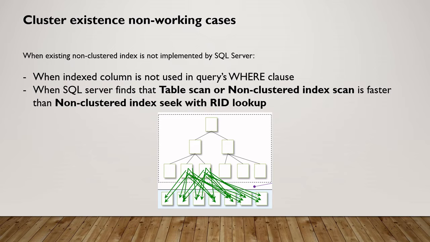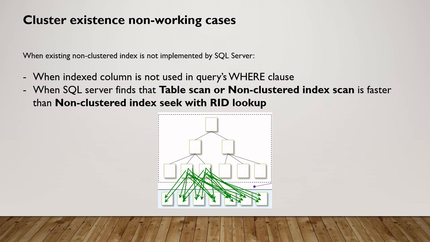Instead of going through all of the steps in the index nodes, with table scan SQL Server can easily scan all of the data in the table and just give you the result. It might be less efficient.